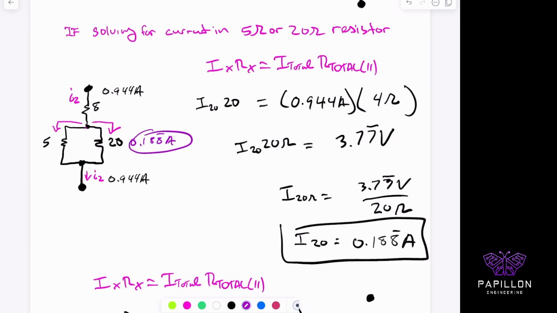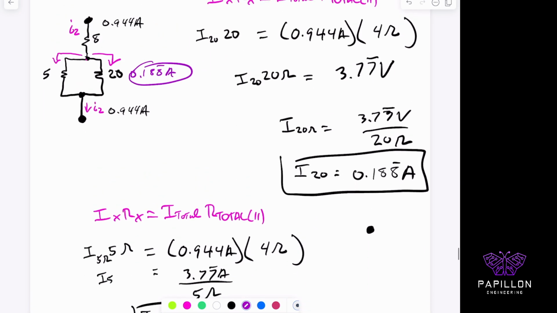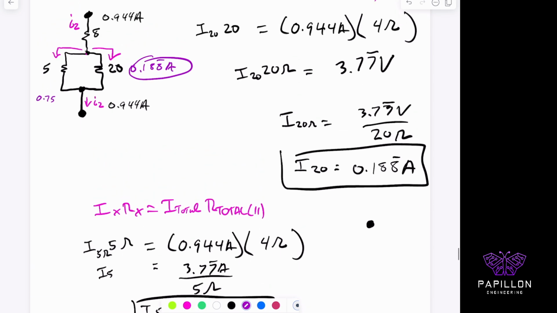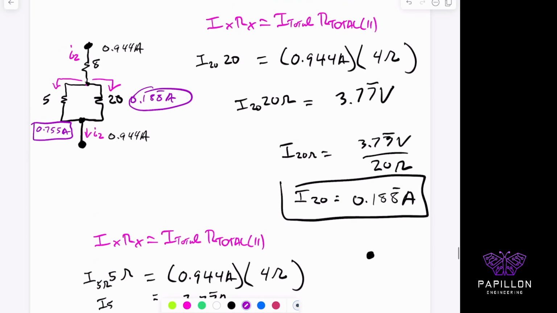And on this side we have 0.755 amps repeating as well. More current through the lower resistor side because it's easier for the current to flow through less resistance. So if I add that 0.755 to the 0.188 repeating, we get back the 0.944 that we had before.